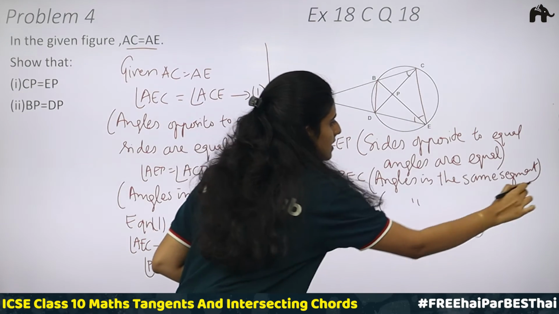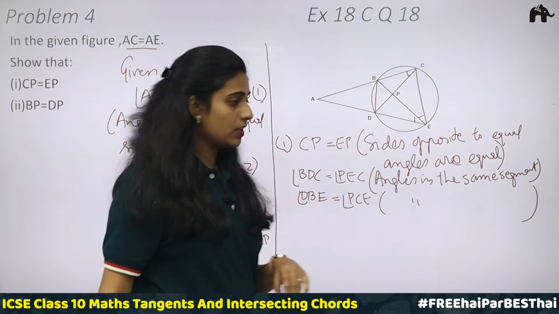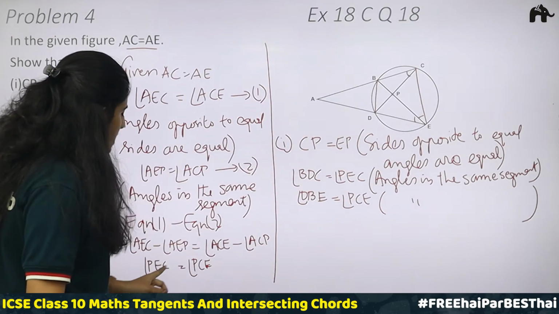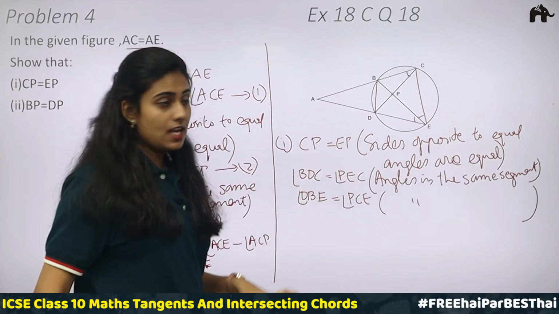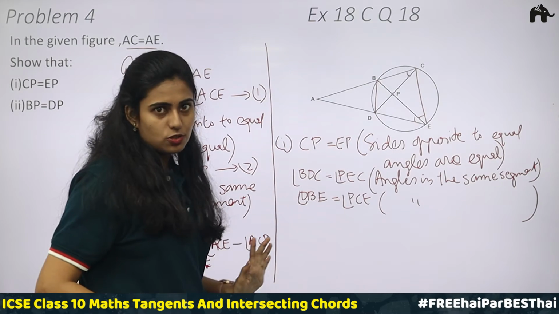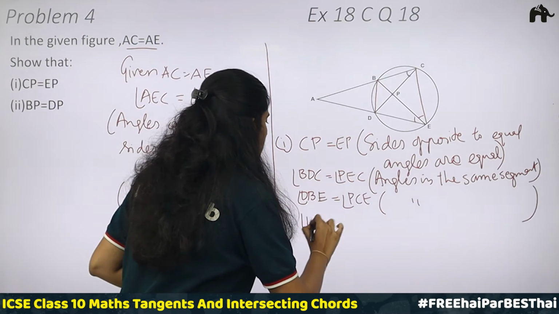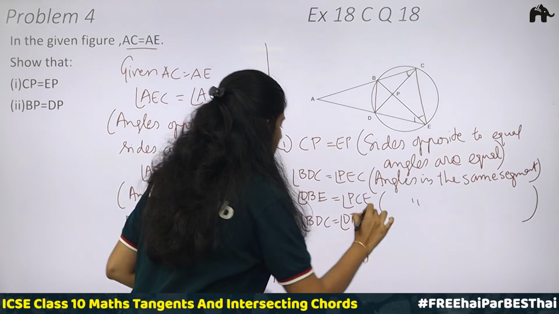Same reason, angles in the same segment, that is the angle subtended by chord DE. Here we already have PEC is equal to PCE. That is, right hand side is equal, which means left hand side also should be equal. Therefore, BDC will be equal to DBE.